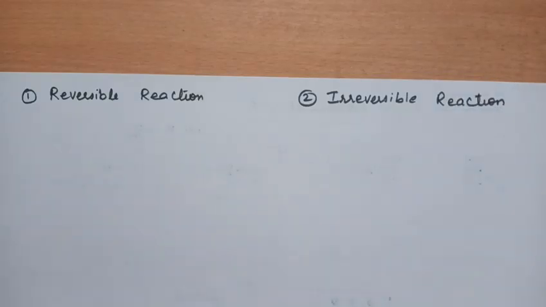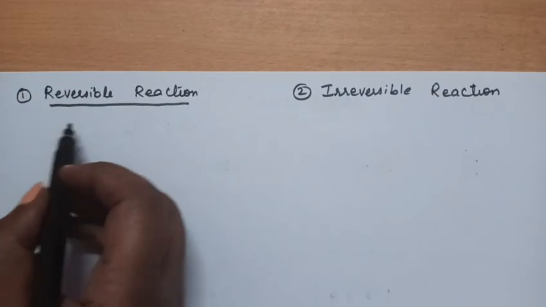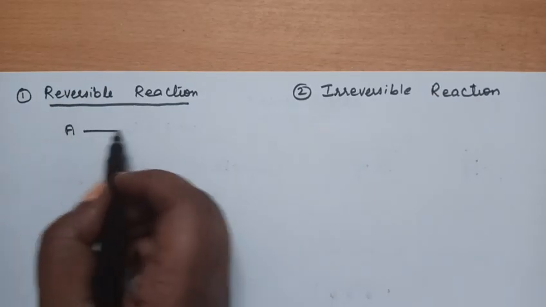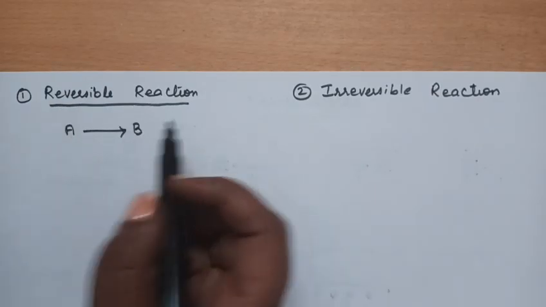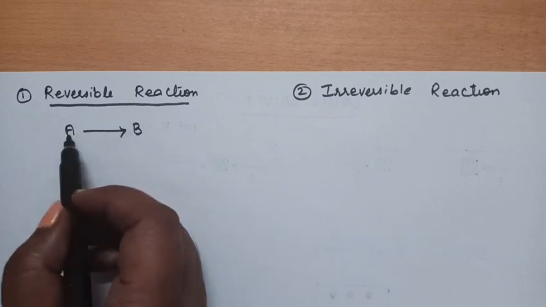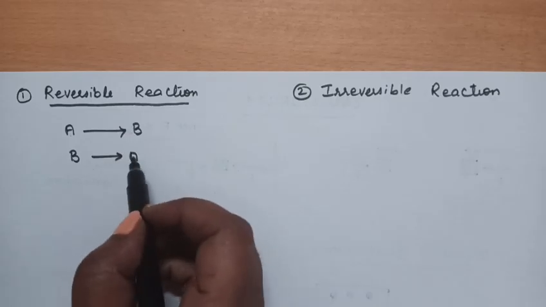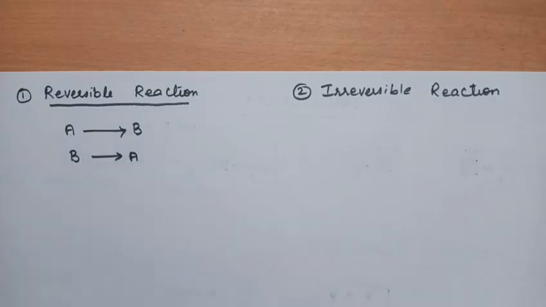So first let us study reversible reaction. In a reversible reaction, A will convert to B. That is, reactant will convert to product and product will again convert to reactant. So the reaction is taking place in 2 directions, that is forward direction as well as backward direction.